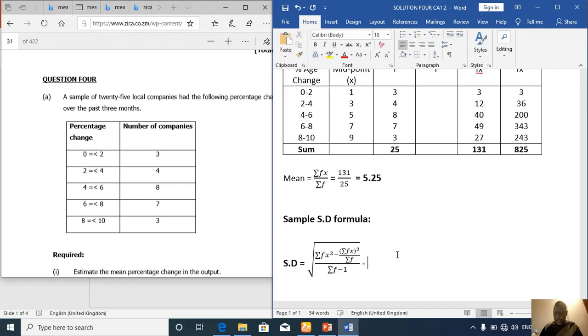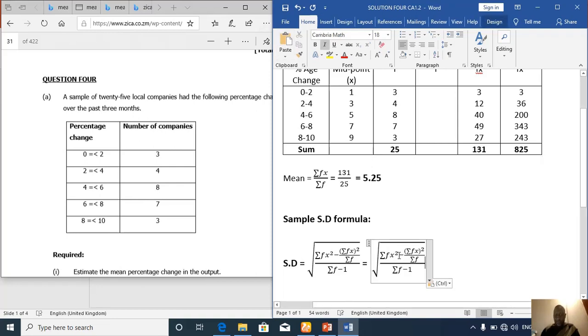So this is going to be equals to, we replace those symbols with the values. So the value of summation fx squared is already calculated. Summation fx squared is 825. So put 825 there. 825 minus summation fx squared.